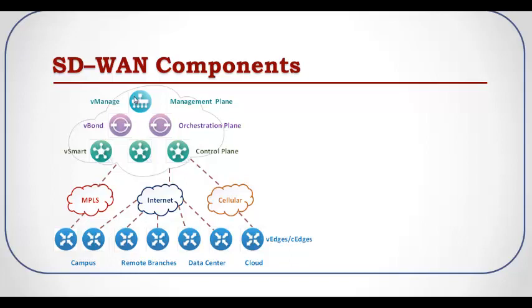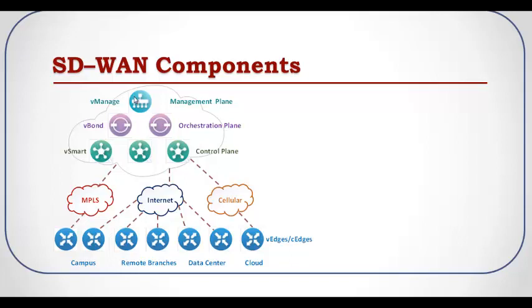We have vBond for authenticating the edge device, and we have the vBond to provide the vManage and the vSmart location to the edge device that newly joins the SD-WAN fabric.